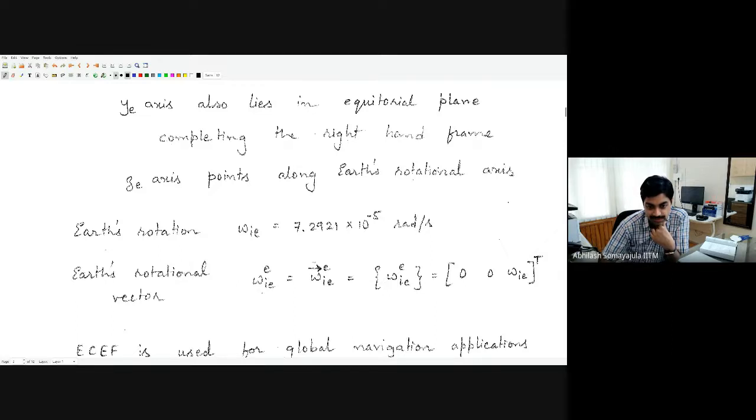Here I'm expressing the vector omega IE in the Earth frame, the E frame. The same vector when expressed in the I frame, I'll replace this superscript E by I. That is the convention we are going to follow throughout this course.